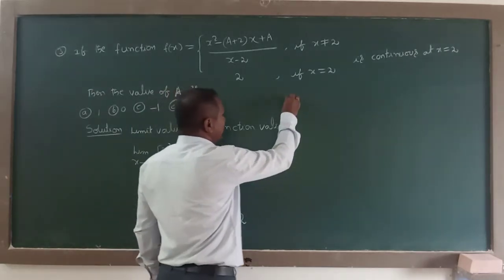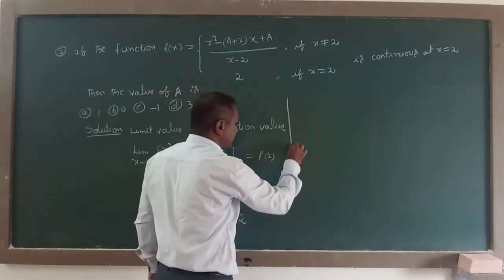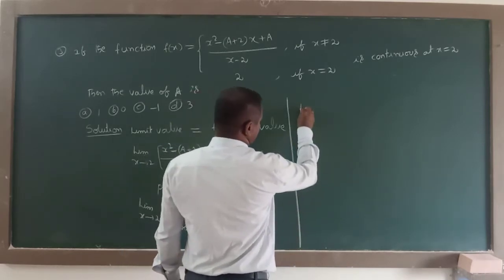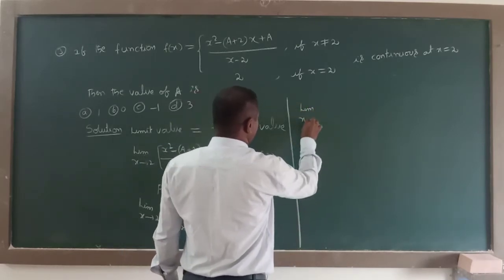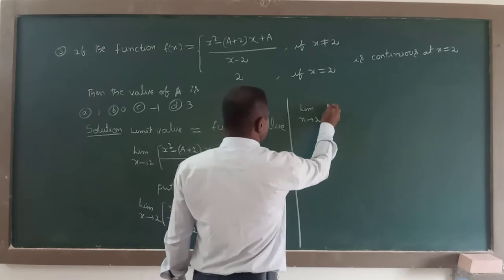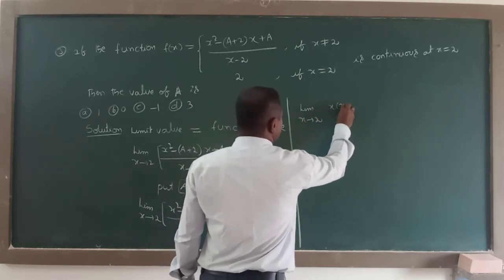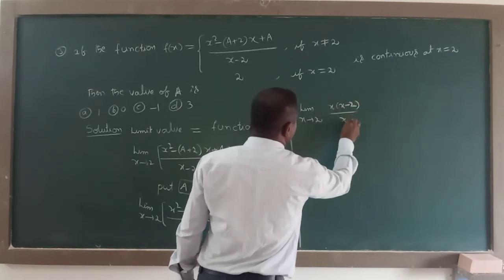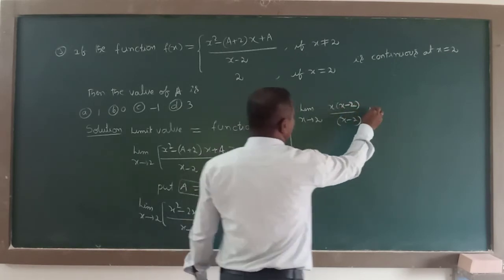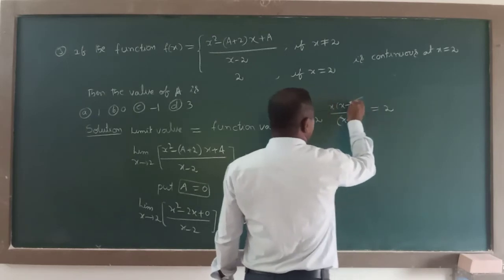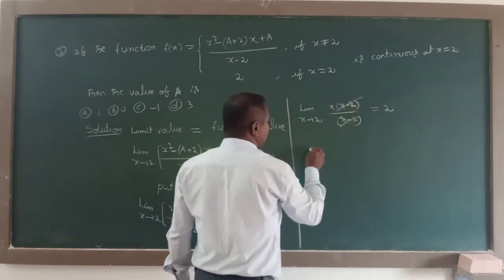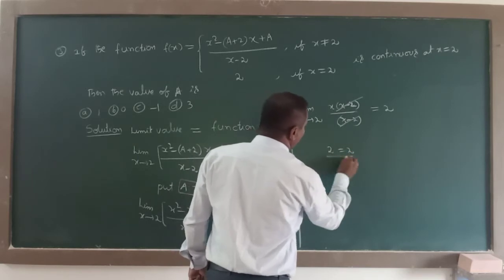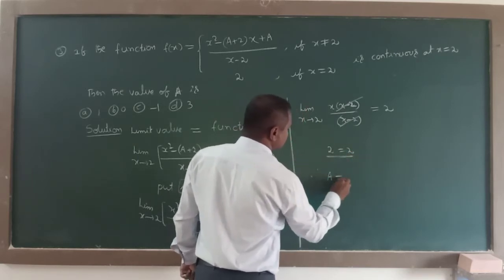On evaluating the limit, we must get the function value 2. That is limit x tends to 2, x square, x take common, x minus 2 whole divided by x minus 2 is equal to 2 here. And x minus 2 gets cancelled, then you can apply limit value 2 is equal to 2. Therefore, a is equal to 0 is the correct answer.